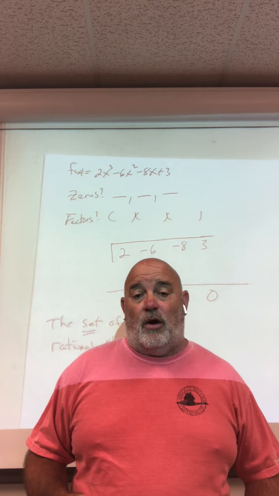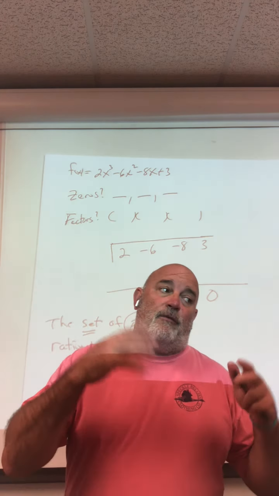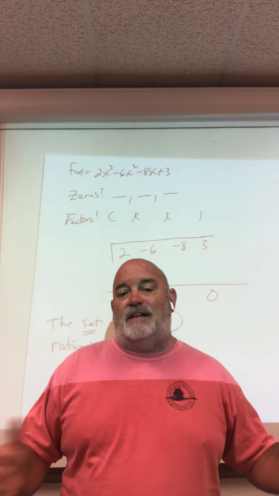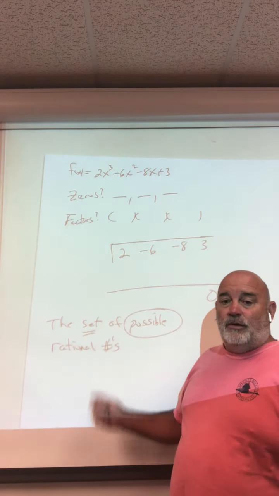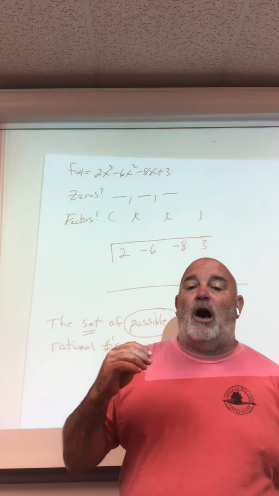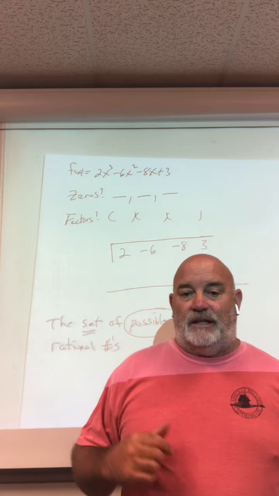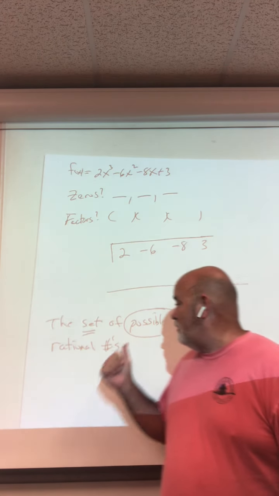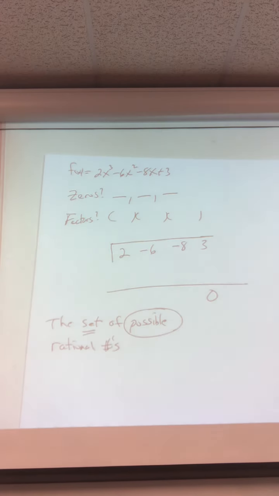It's just where they start. It's their suspect list. And then if they don't find the person, then they move outside of that suspect list. Well, this possible rational numbers is called your suspect list. And here's how you generate these possible rational numbers. Here's the formula.